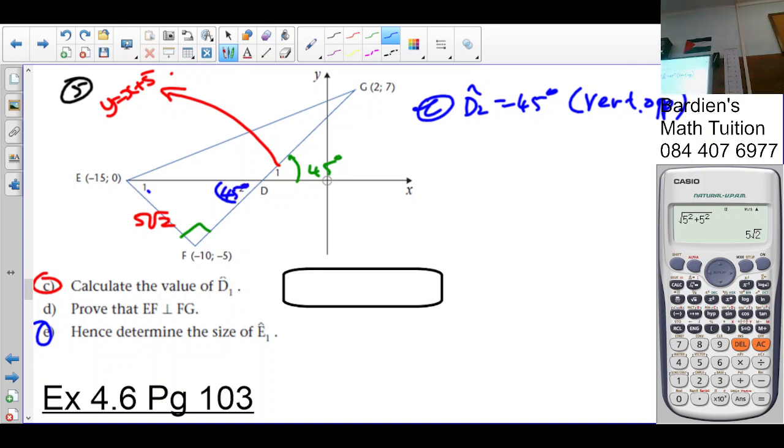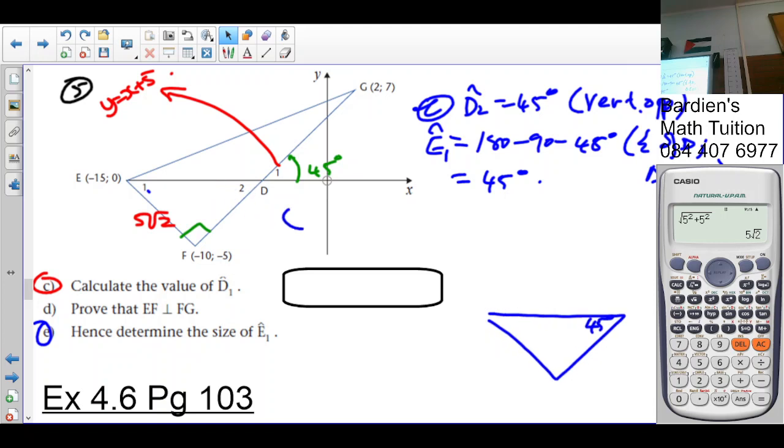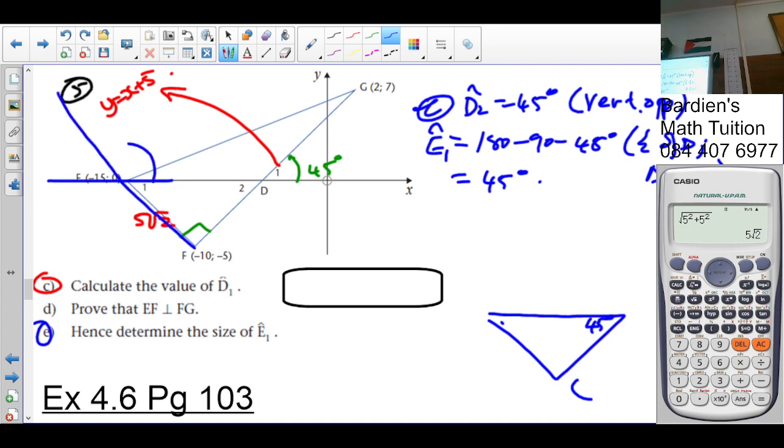So are we going to calculate E1? Sum of angles in a triangle. So E1 is equal to 180 minus 90 minus 45. Again, we don't have to state the sum of angles, it's triangle EDF, which gives you 45. Otherwise, another way of calculating that angle, I could have extended this line FE and worked out the angle of inclination.